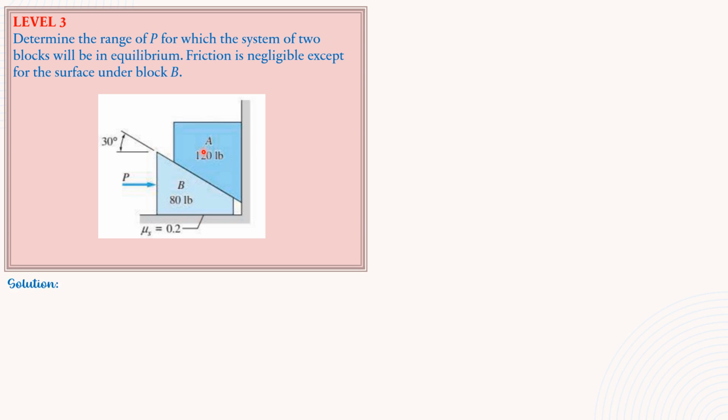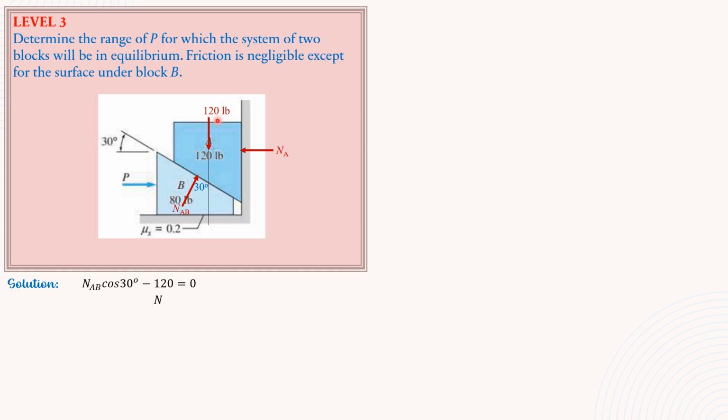So for the solution for the first part, we have the weight 120 pounds, normal reaction here, which makes an angle of 30 degrees with the vertical, and normal reaction here, which is horizontal because there's no friction on the upper block, only under block B. So therefore, summation of forces vertical equals 0: N_AB cosine 30 minus 120 equals 0.